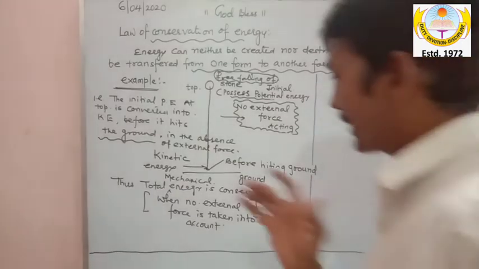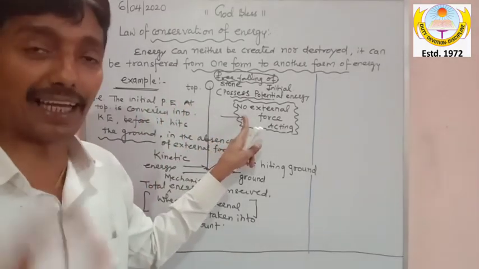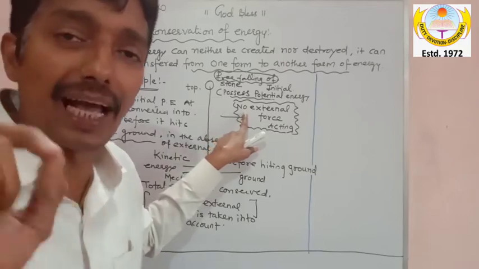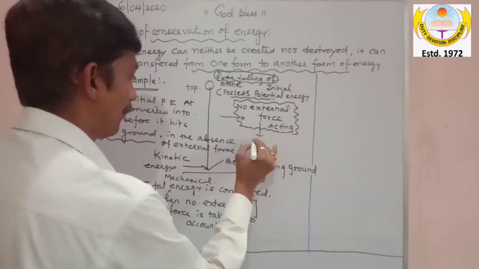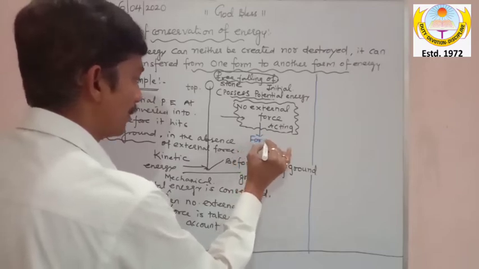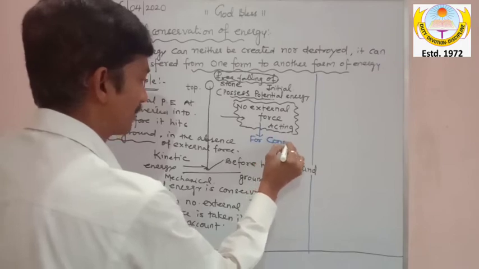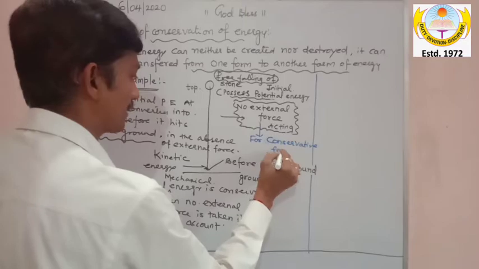So my dear, now let's begin. As I said, this part is the case where I have conserved the energy by saying no external force acting. This is applicable for conservative forces.